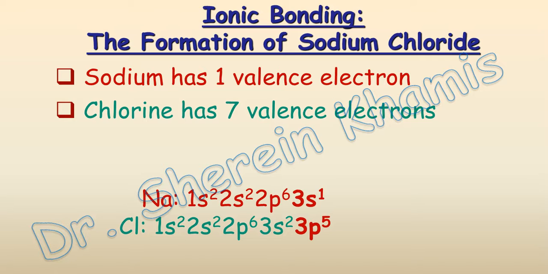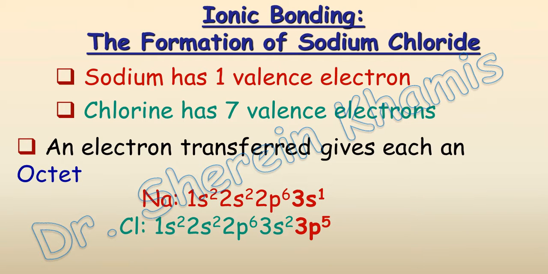What happened here? Sodium will lose an electron, which is transferred, giving each of them an octet state. So if you want to reach the octet state, one of them has to lose and the other will gain.